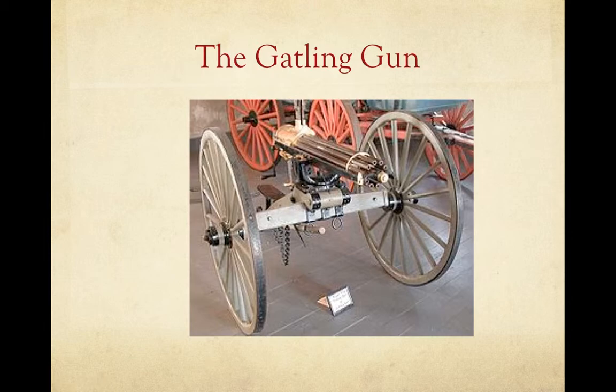Now when World War I comes along, they have full-blown machine guns that you don't have to crank. They're basically self-powering. One shot reloads the chamber and puts in another round. But the Gatling gun was cutting-edge Civil War technology, not widely used, but it is a good example of how rapid fire was becoming more common.